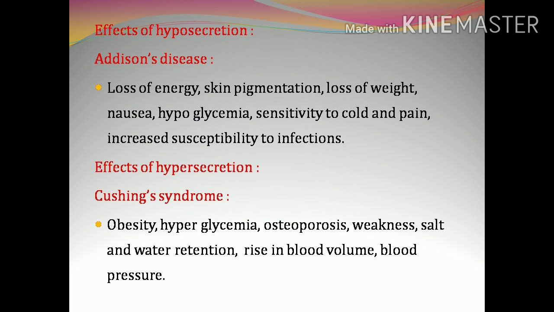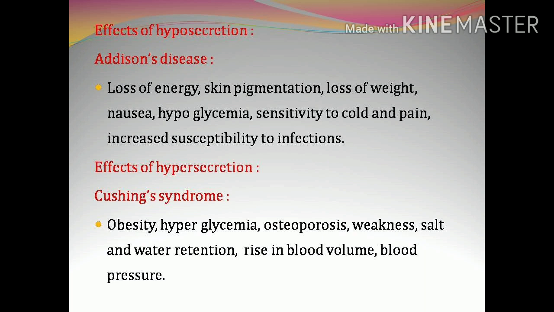Next, hypersecretion. Hyper means more secretion. Hypersecretion of the adrenal cortex causes Cushing's syndrome. Its symptoms are obesity, increased fat, hyperglycemia. Hyper means more, high glucose in the blood. Hyperglycemia, higher blood sugar.